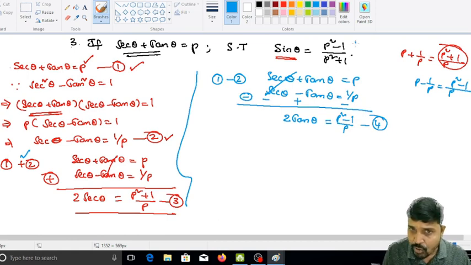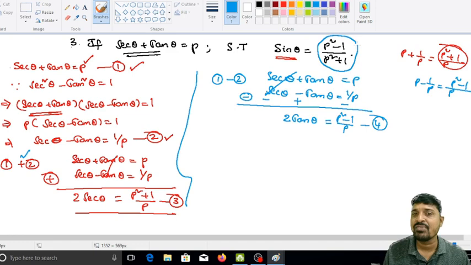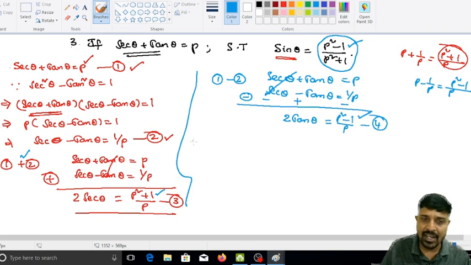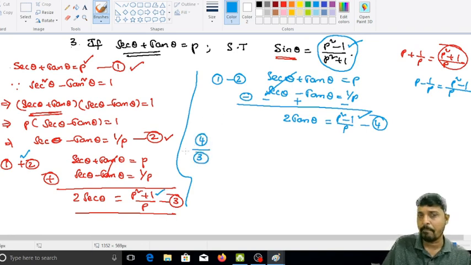Observe what we have to show. In the answer, p square minus 1 is the numerator. That means this term should be the numerator and this term should be the denominator. That's why I am going for equation number 4 over equation number 3.